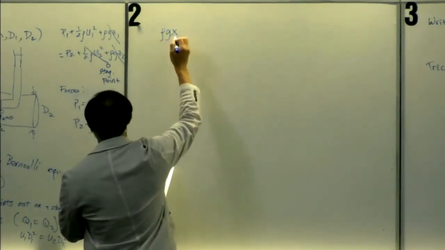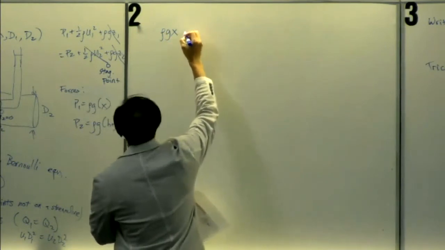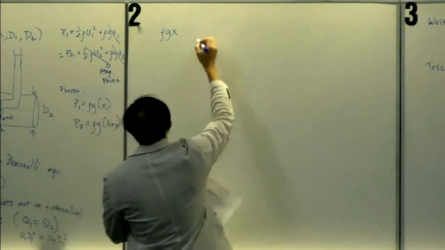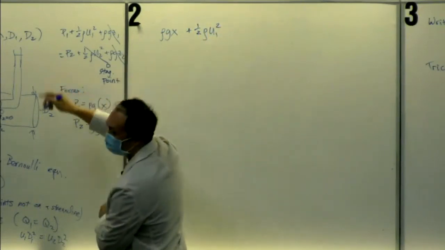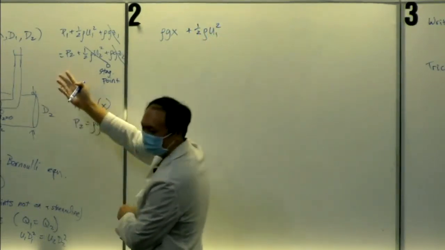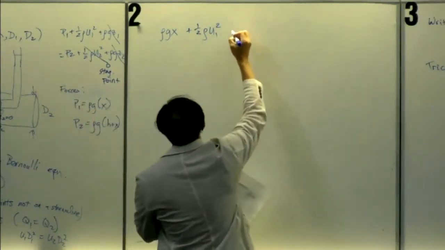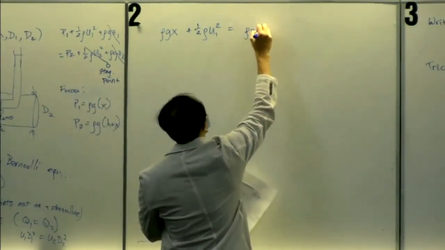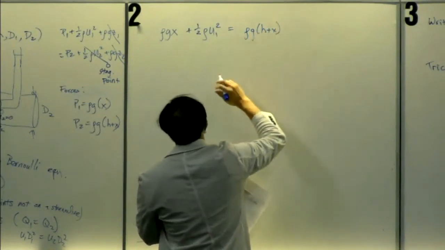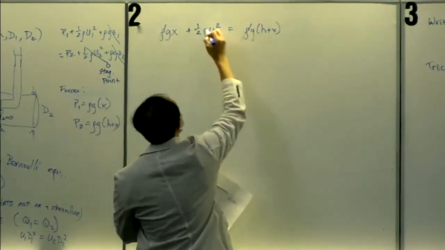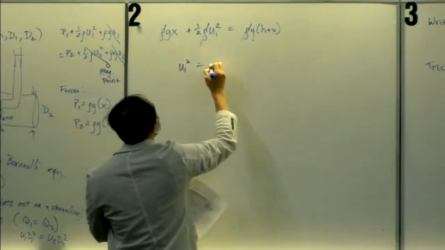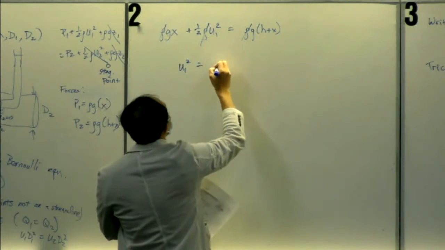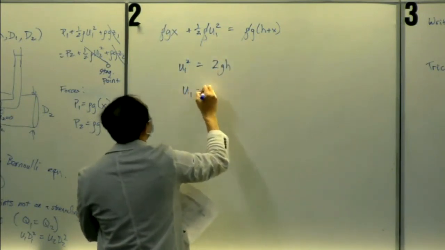Oh, maybe you don't even need conservation of mass for this one. Rho g X plus 1/2 rho U1 squared equals rho g H plus X. I guess you do, because they want the answer in flow rate. So figuring out the flow rate is the same as figuring out the velocity. You get U1 squared is equal to 2gH, U1 equals the square root of 2gH.